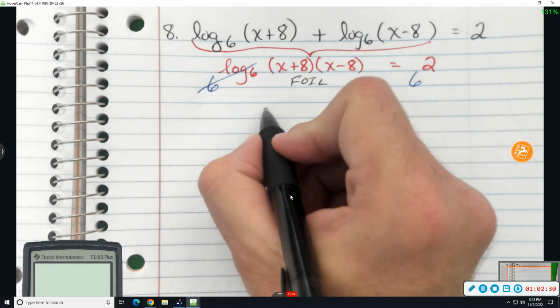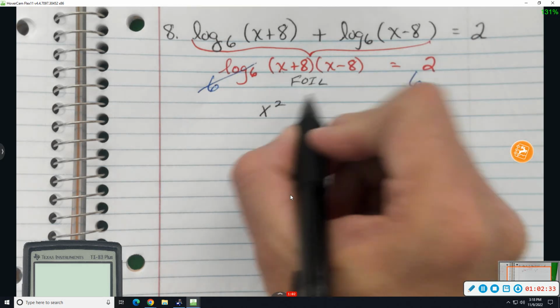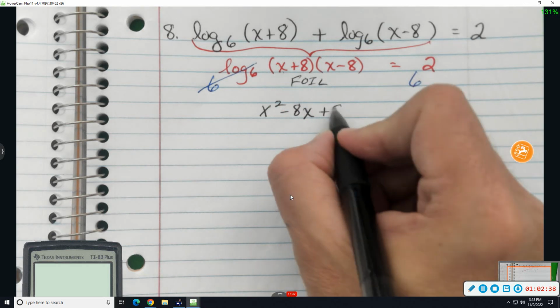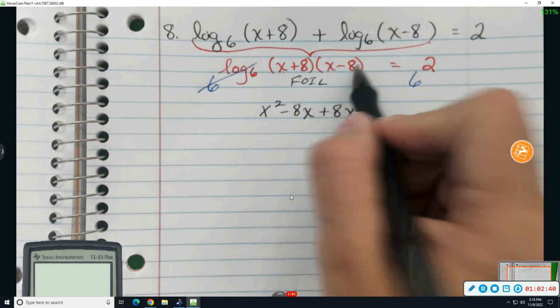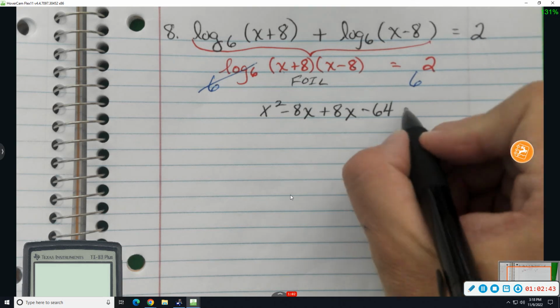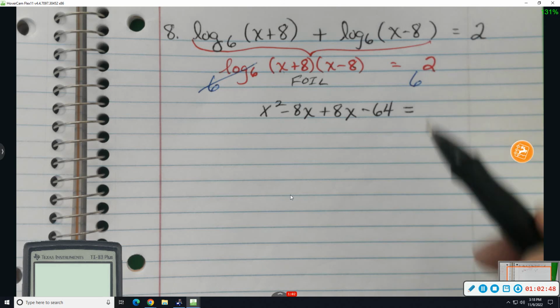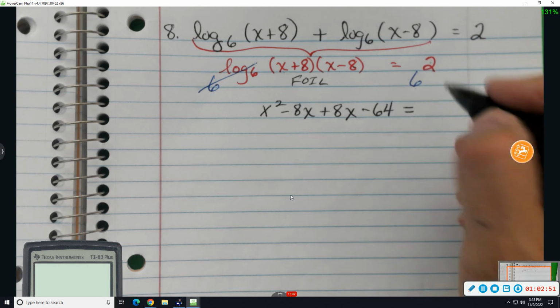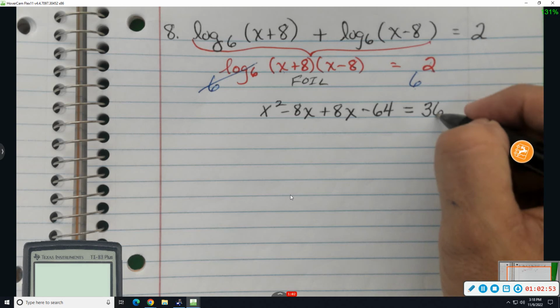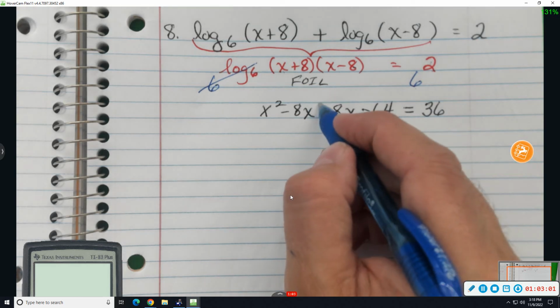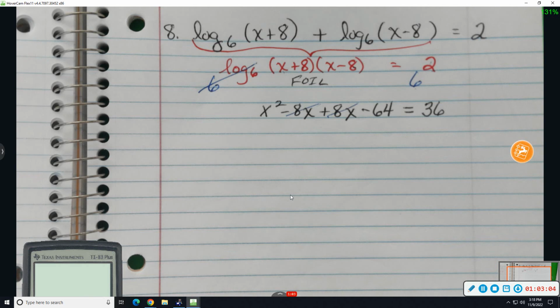It would be x squared, then a minus 8x, a plus 8x, and a minus 64 equals, on the right, this is 6 squared, don't say 12. 6 squared is that a 36? 6 times 6. And the 8x's are gone, right? Negative 8x plus 8x.